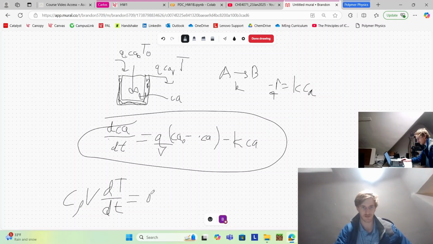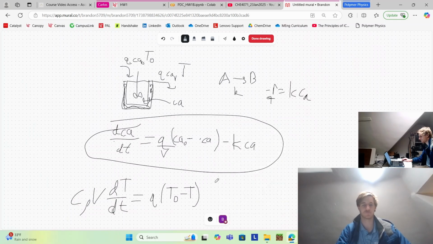So what we can do is Q times our difference in temperatures, and then we'll do a little bit of dimensional analysis here, right? So we have meters cubed per second times Kelvin. So we multiply by heat capacity to get rid of Kelvin.